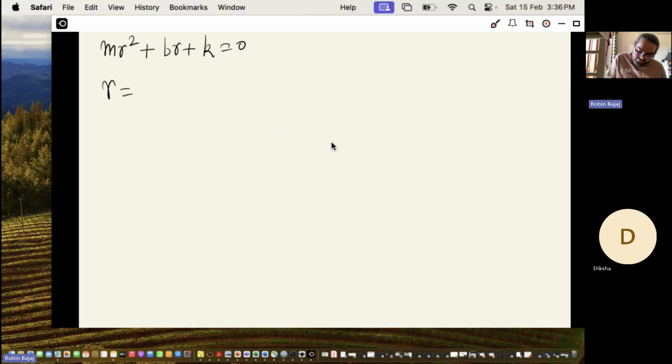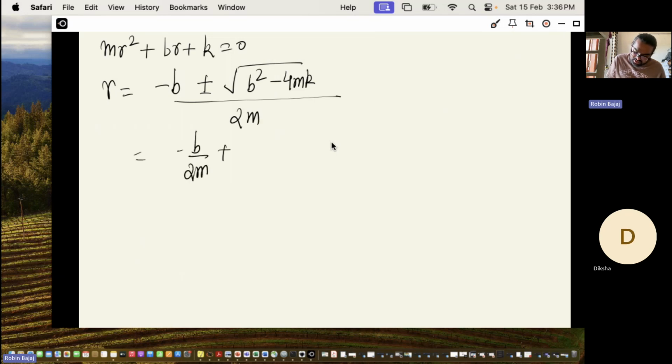Now using the quadratic formula, you can write r equals minus b plus minus root of b square minus 4mk, by 2m. So it's minus b by 2m plus minus root of b square by 4m square minus k by m. I think that's right.